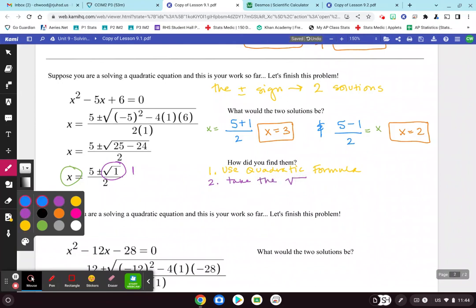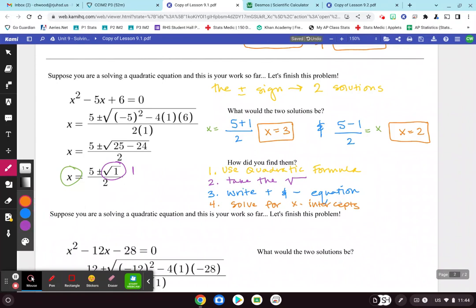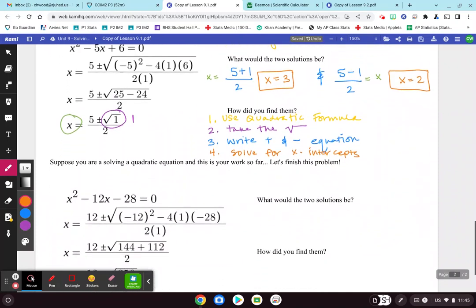And after that, you are going to write your positive and your negative equation. Notice I said equation. There is an x equals there. So that's why it's an equation, because there's an equal sign. And then at the end, last step, go through and find your solutions. Solve for the x intercepts. Okay, there you go. So there are your 4 steps that you would take to get through that problem.